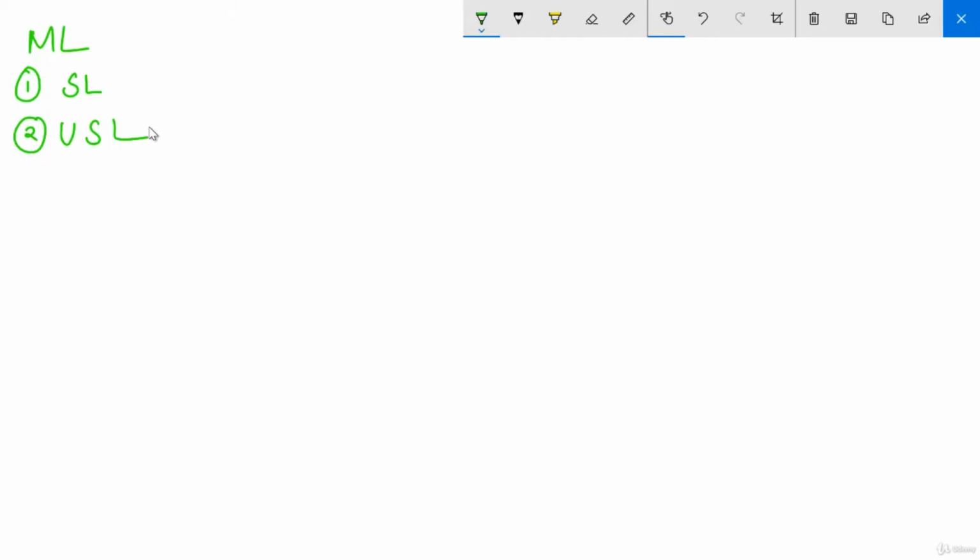Okay, so supervised learning is further divided into regression algorithms and classification algorithms. Regression algorithms are based on real data sets, like the salary example I gave you, 32 lakh CTC.